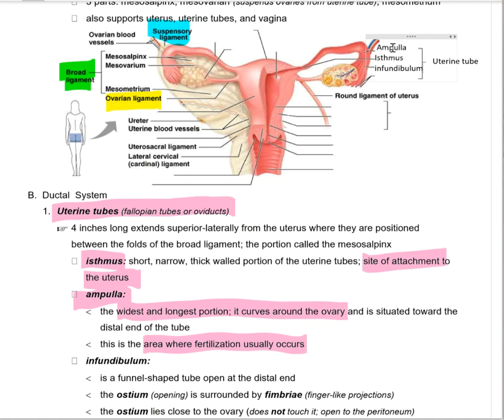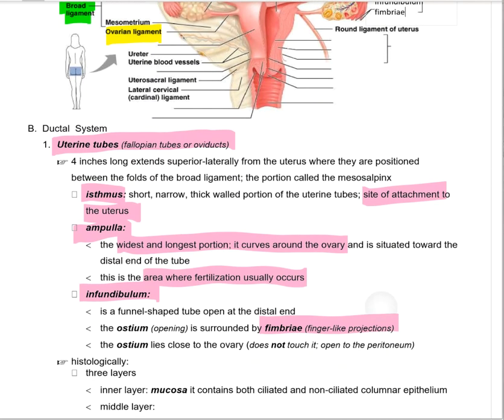And it has the fimbriae, which are finger-like projections. And these fimbriae, as I said a minute ago, are not connected to the ovary. It's open to the peritoneum.